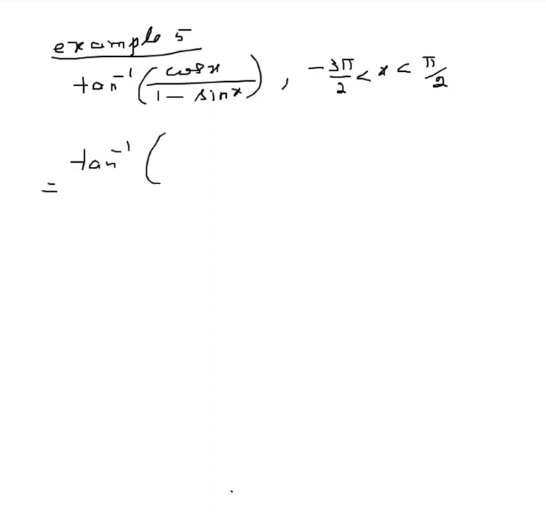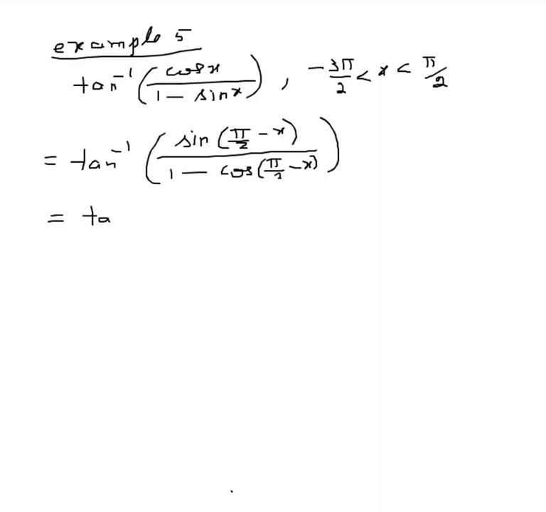We will write cos x as sine of pi by 2 minus x, and 1 minus sin x can be written as 1 minus cos of pi by 2 minus x, because we have a formula for 1 minus cos. 1 minus cos is 2 sine square of half of this angle, so we divide the angle by 2, which becomes pi by 4 minus x by 2.